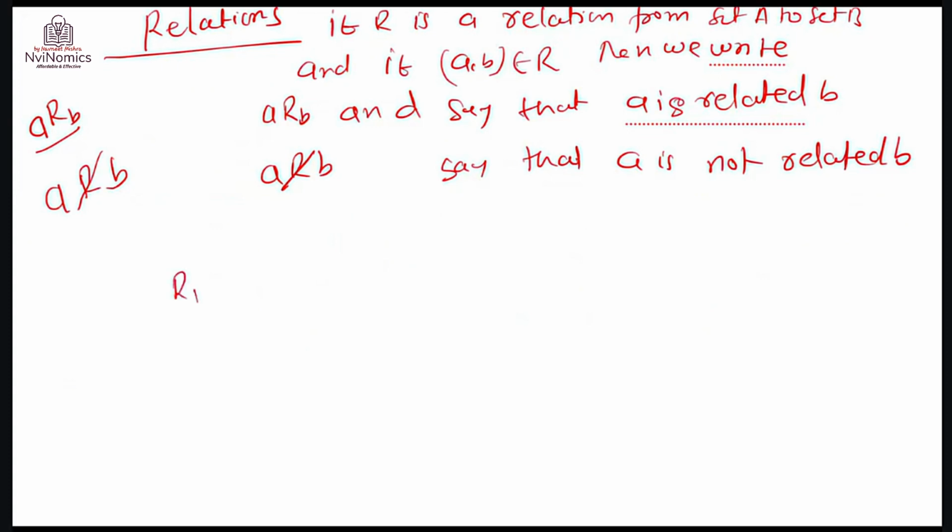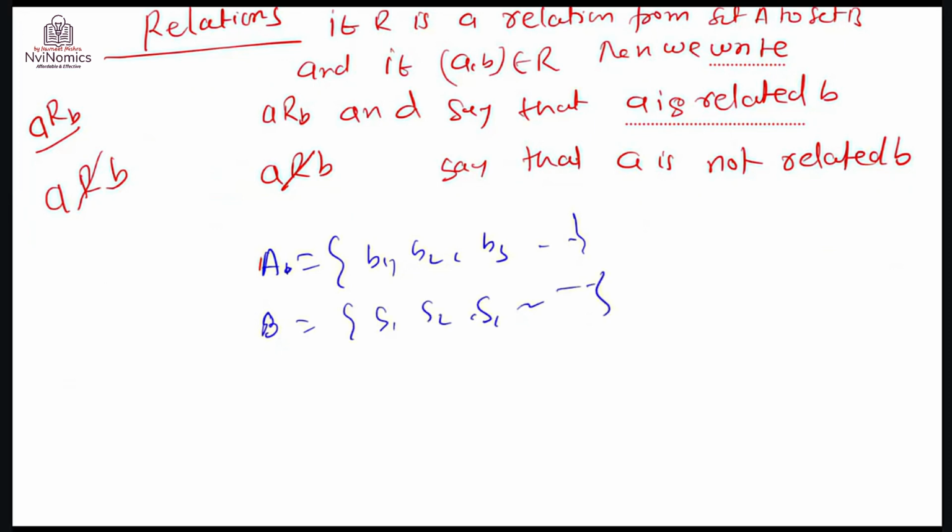Here I'm going to define a relation, suppose R1. I have to consider two sets. Let me take a set A, and in this set we have b1, b2 and b3, these are people. And here the set B has s1, s2, s3.